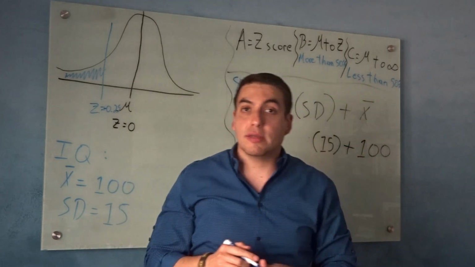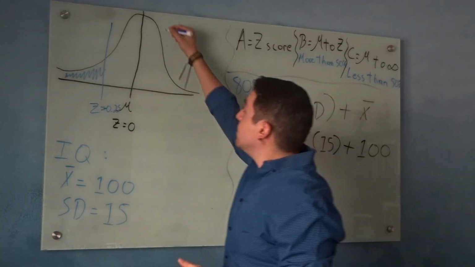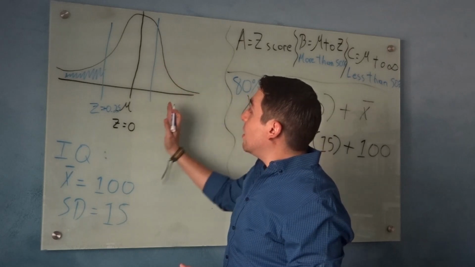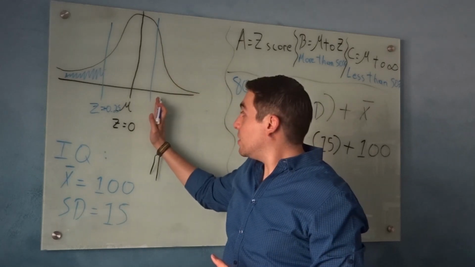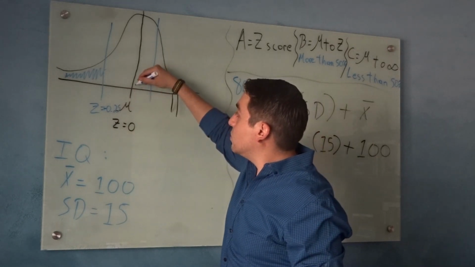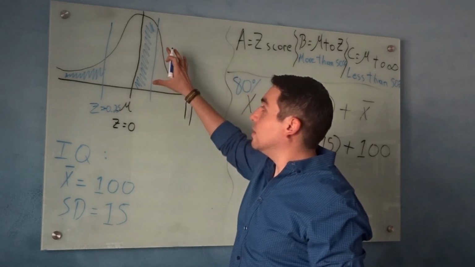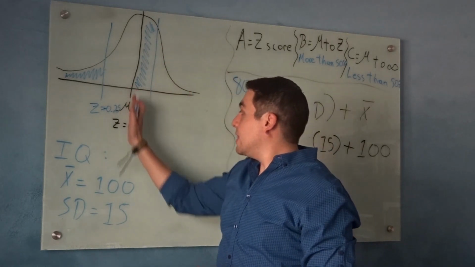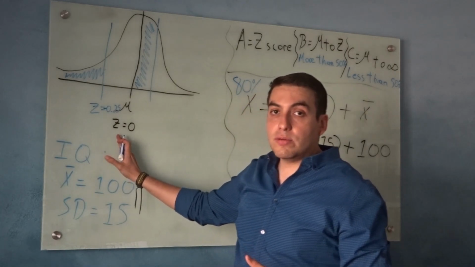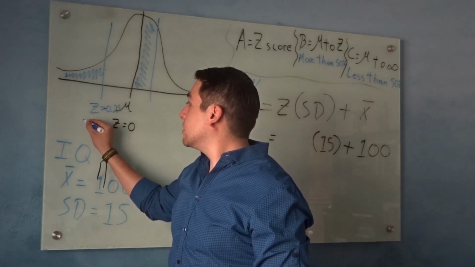However, here's the trick. Watch out, pay attention. The B column is giving you information from this point to the middle. So this is what the B column is giving you. But at this point in the mean, when you have a Z-score of 0, everything that you see on this side over here is 50%.